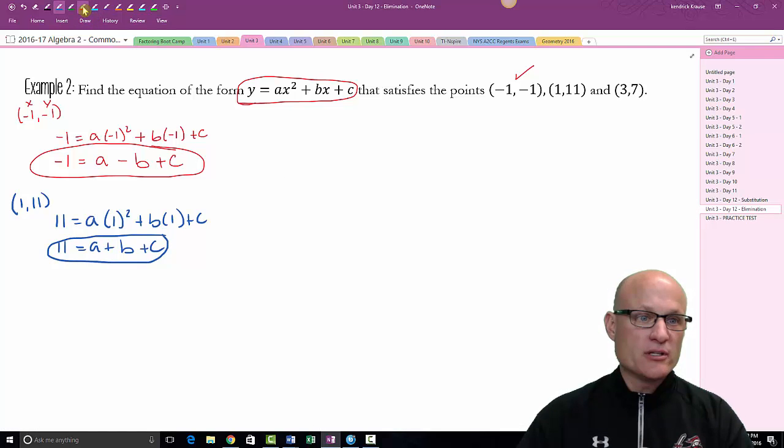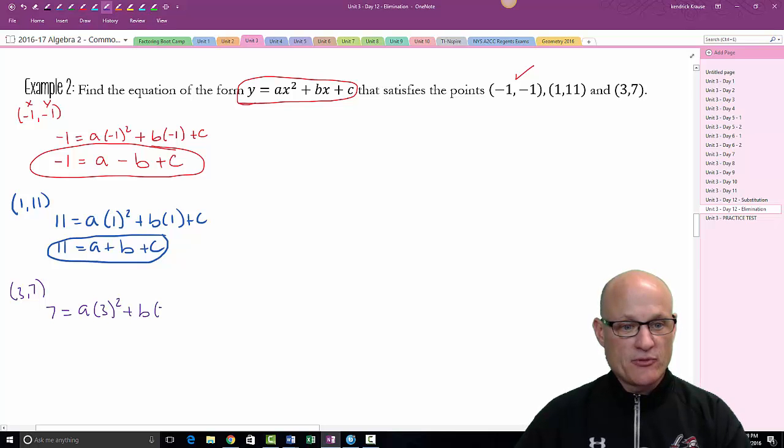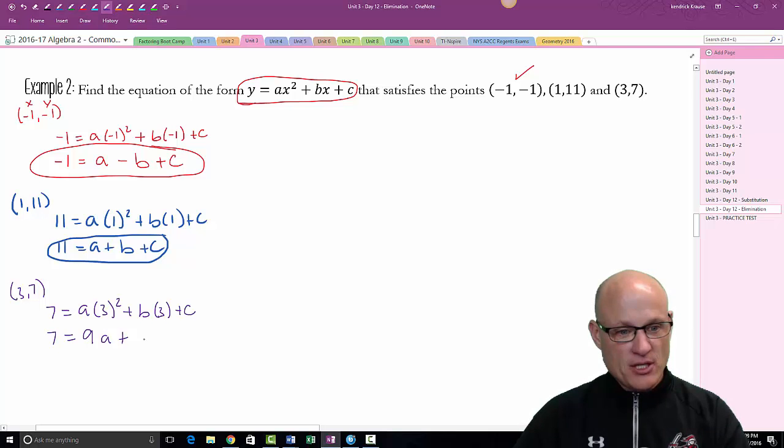Final equation, we'll do this in purple. It's 3, 7. So we'll put in 7 is equal to a times 3 squared plus b times 3 plus c. Or in other words, 7 is equal to 9a plus 3b plus c.